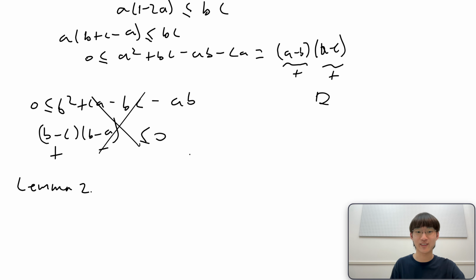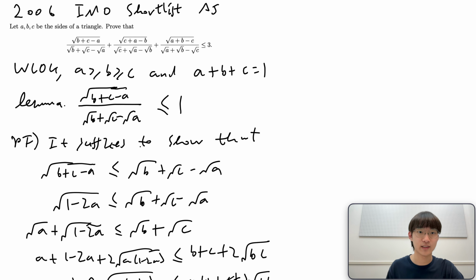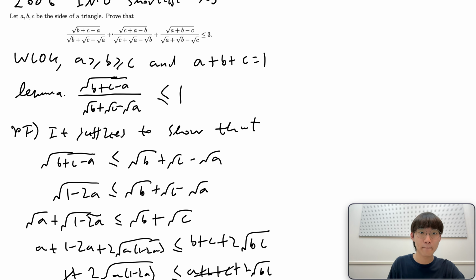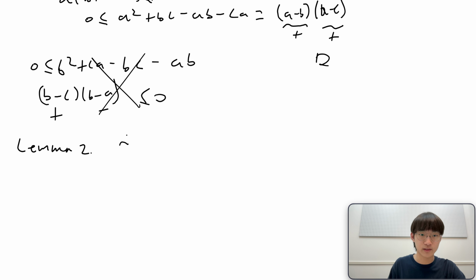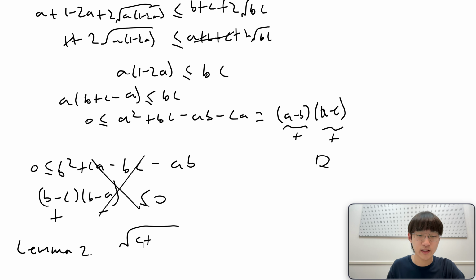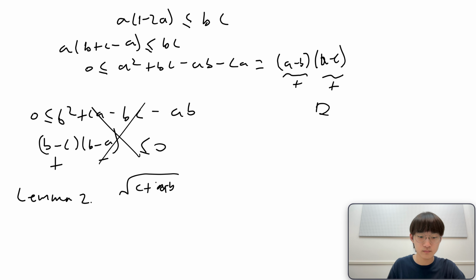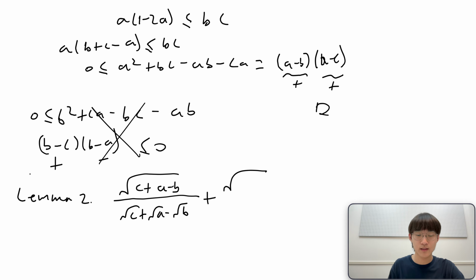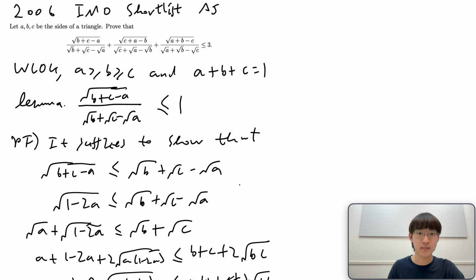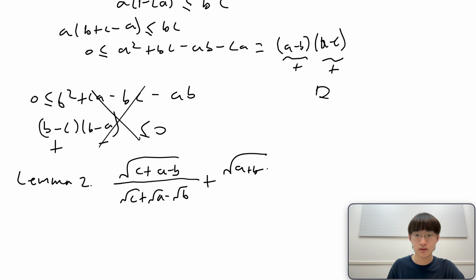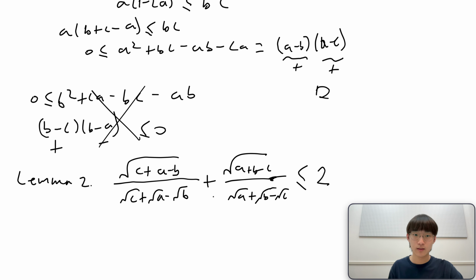I was stuck here and I looked at the solution, and what they did was, interestingly, they grouped this too. So they said c plus a minus b over root c plus root a minus root b, plus a plus b, abc over a plus root b minus root c, is less than or equal to 2.